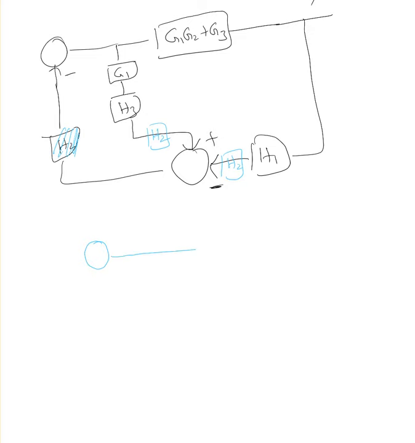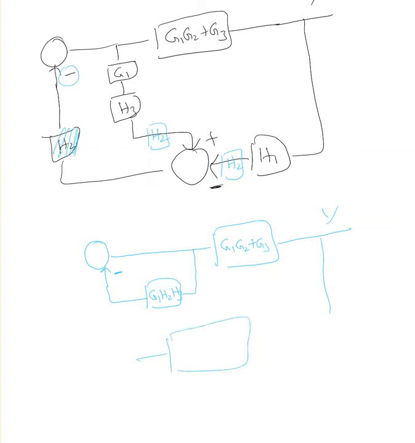Let me redraw this. So I have Z1 Z2 plus Z3, that's going to Y. Here minus and plus becomes minus. Here I have Z1 H2 H3, that's a feedback, and from here it is going to be H1 H2, that feedback is going back here, that is going to be positive. This is U and that's Y.